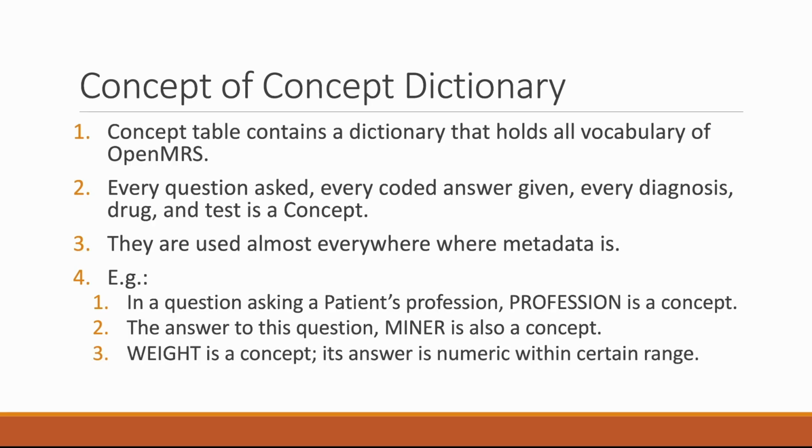Similarly, weight is a concept. Its value is provided in numeric within a certain acceptable range, but weight is a concept against which you are collecting numeric data. And then a group of concepts can also be a concept. For example, you are collecting vitals: heartbeat, systolic and diastolic blood pressure, pulse rate, oxygen percentage from the oximeter, and you are saying all of these are vitals.